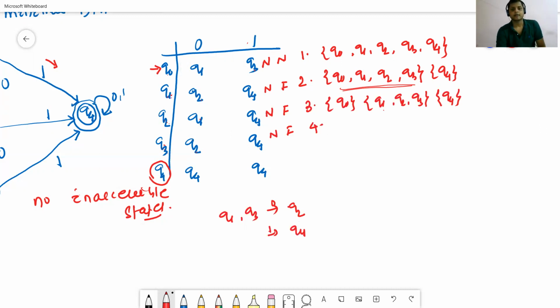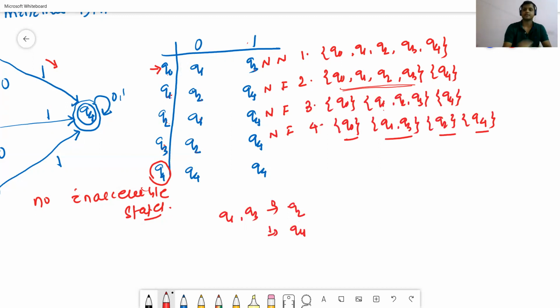So we'll separate the states: Q1, Q3 as one state and Q2 as another. This is Q0, then Q1 and Q3, then Q2, then Q4. Now my minimal DFA contains a total of 4 states.